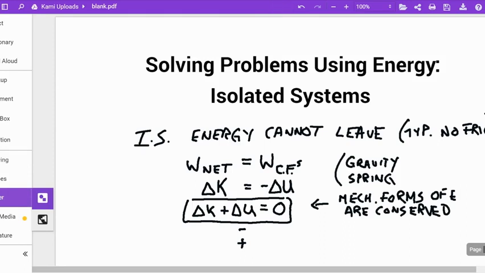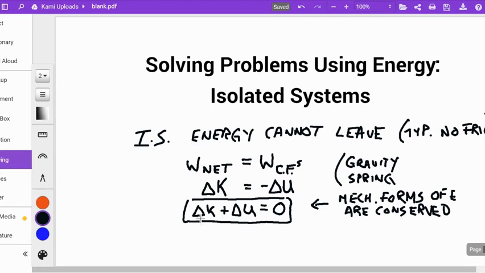Okay. I'm going to write this formula in the box in a different way. You might like this better, I don't know. But I'm going to use initial and final. So delta K is the same thing as K final minus K initial, and delta U would be U final minus U initial.